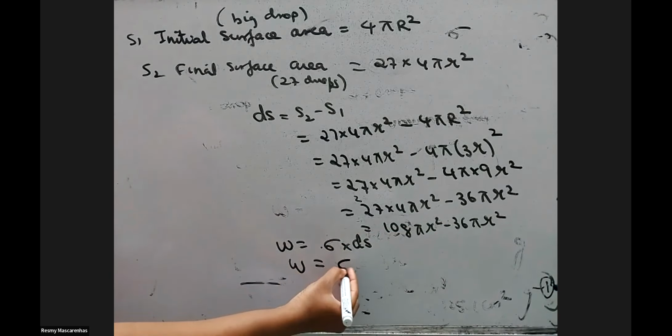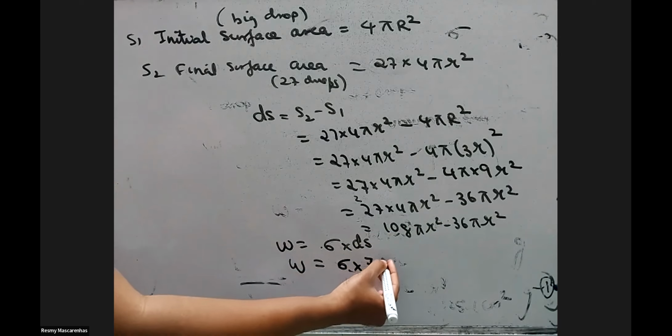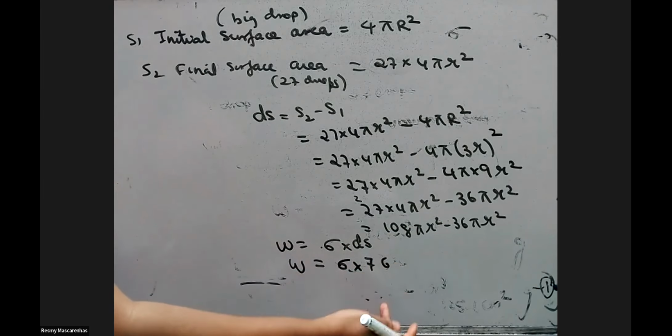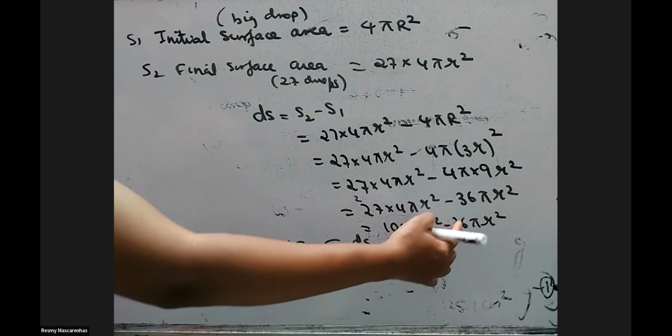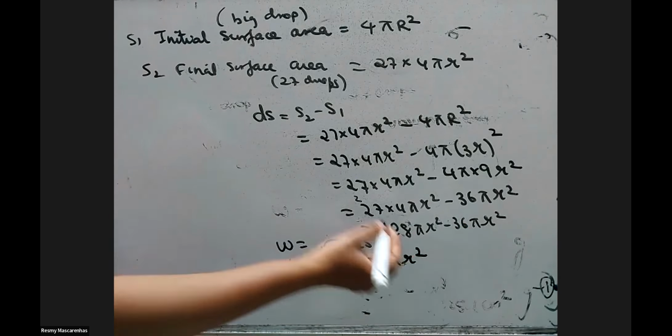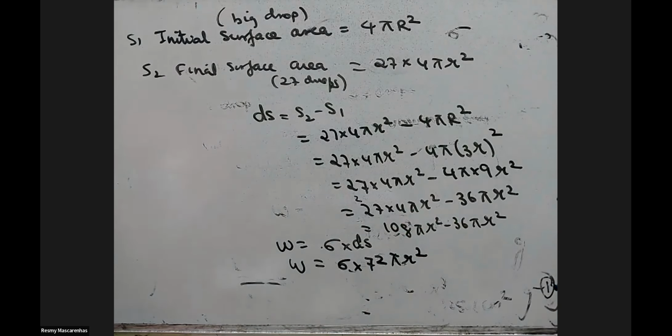So rho into 76, sorry, 72 pi r square. So this will be the answer in terms of radius.